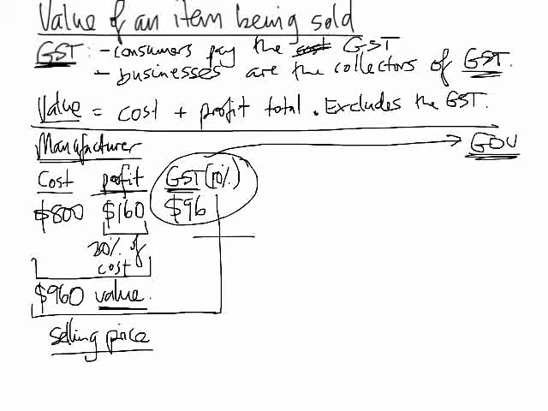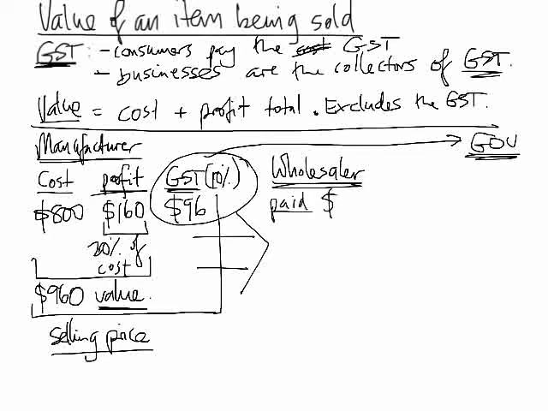So now we get to the next step in line. Usually in Australia, we've got a system of manufacturer sells the goods to a wholesaler, a big warehouse, who buys the stuff in bulk, and then they sell them on to retailers. So we might stop at the wholesale level. The wholesaler paid $10.56 in total.